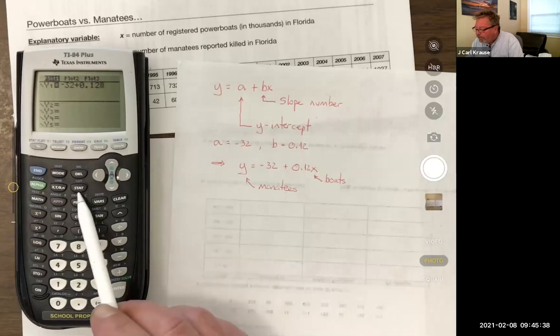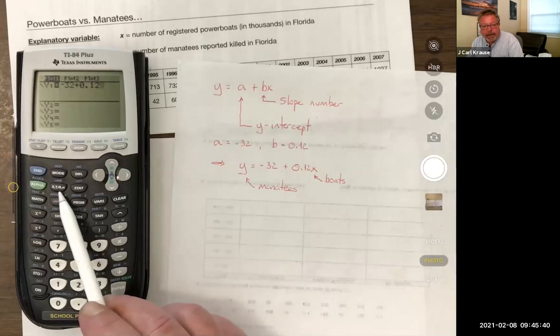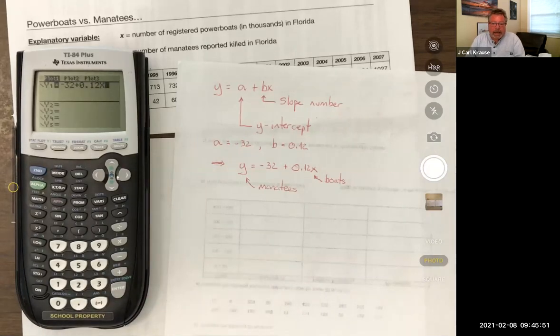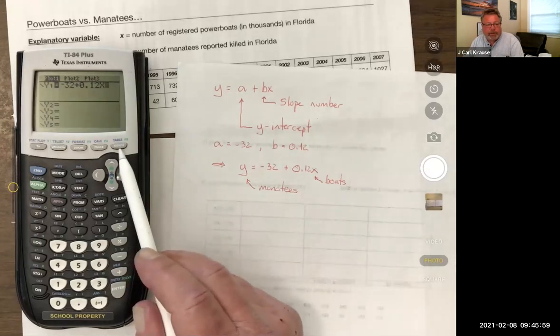And just to the left of the stat button is a button labeled XT, theta, and N. If your calculator's in the proper mode, which it probably is, and you press that guy, you'll get an X showing up, and that X needs to be there. Okay, so now that I have that equation of this line in there, I can come right back to the graph button and say, okay, graph this.